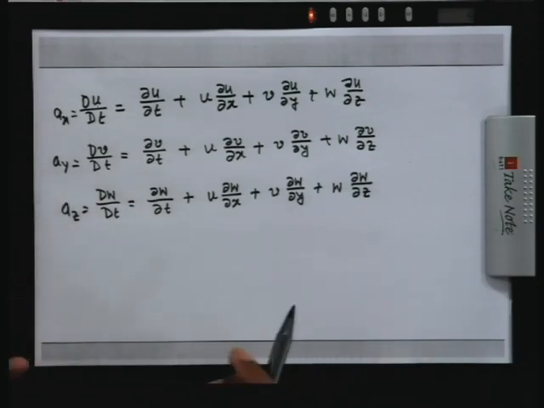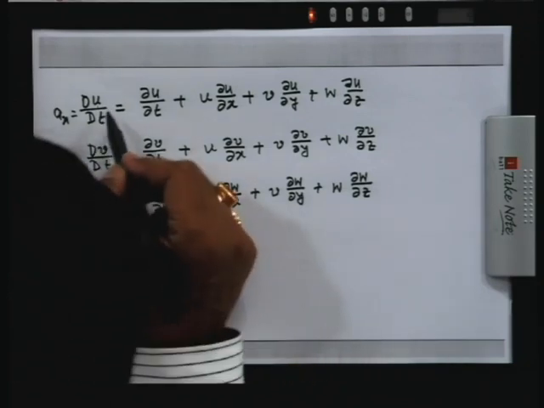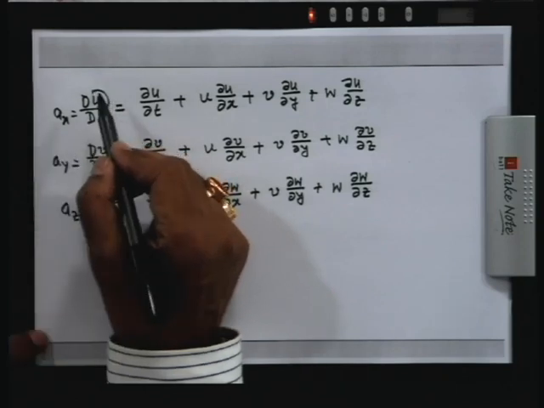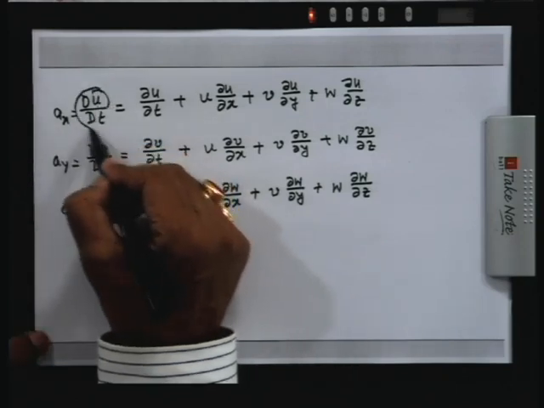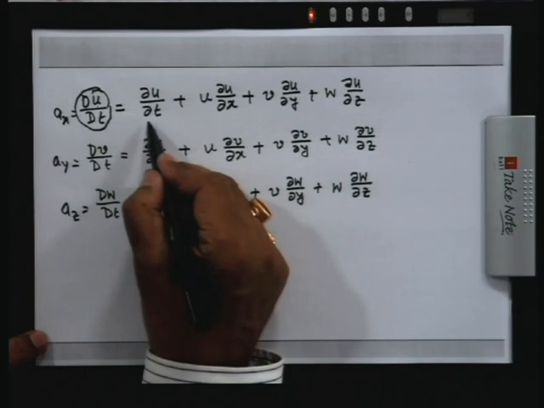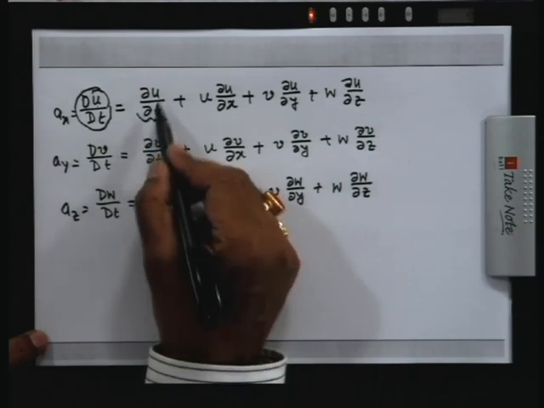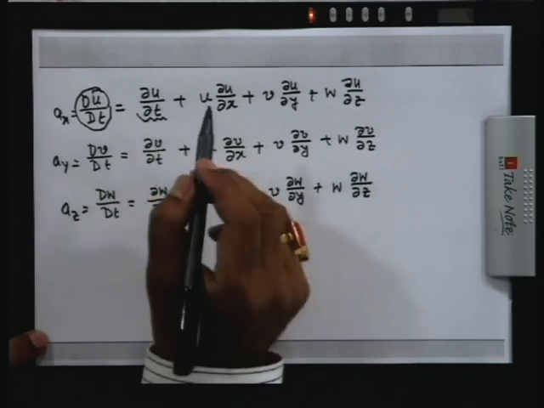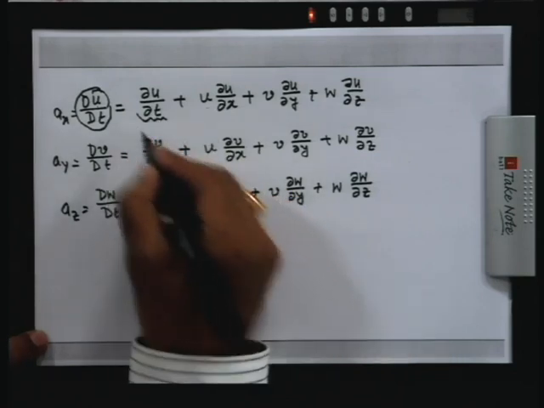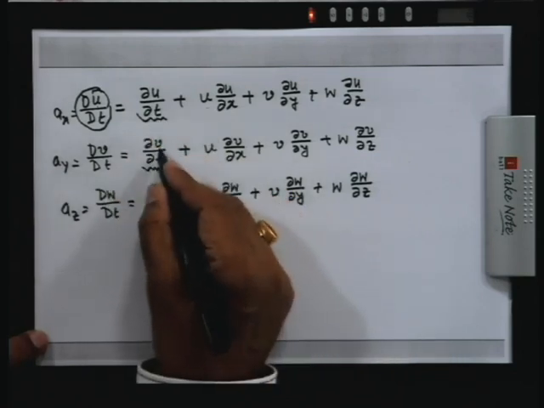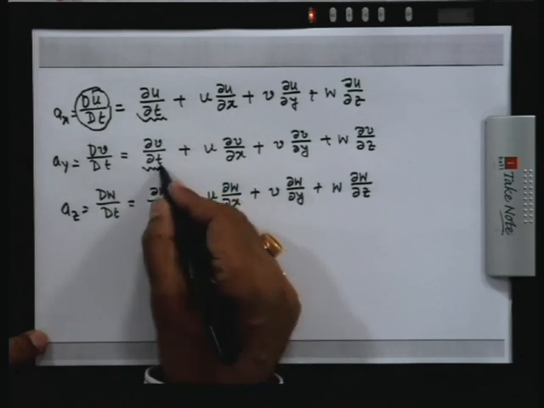Now, you see the physical concept. The acceleration, that is the derivative du dt, contains this term. This is the change in u with respect to time at any location, and here also v, the change in y component of velocity with time.